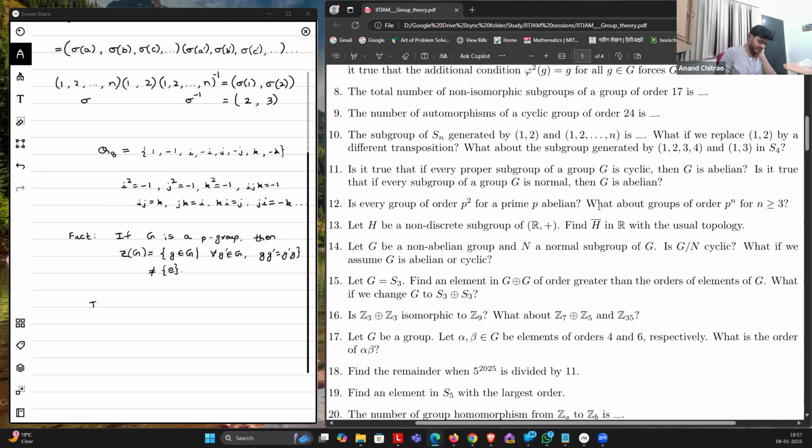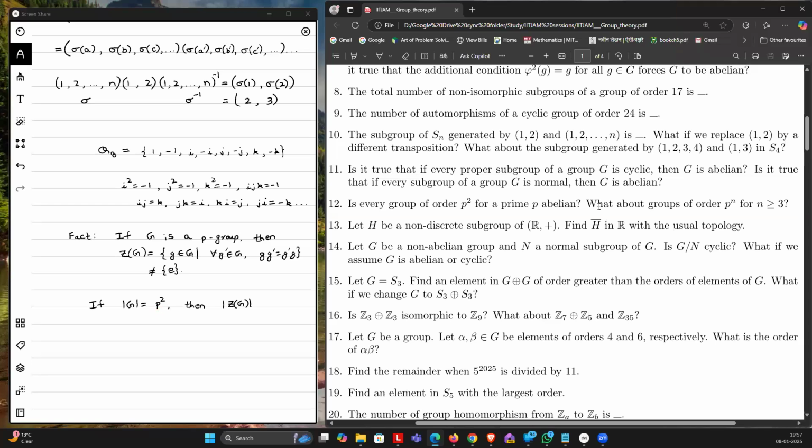Now, if the cardinality of G is p square, then there are two possibilities for the cardinality of the center. The center is a subgroup, so its order must divide the order of the group. What are the divisors of p square? They are 1, p, and p square. But this fact says that the cardinality cannot be 1.